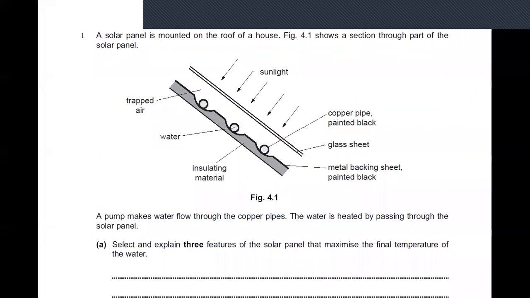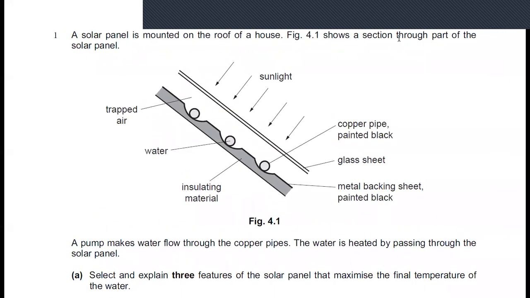Okay, so go ahead, take your time, jot down the answer. You can type it here in the chat and we will discuss the points. All you have to do is remember conduction, convection, radiation. Over here you want to maximize the final temperature, so what things can you do to make sure that you're absorbing as much heat as possible?